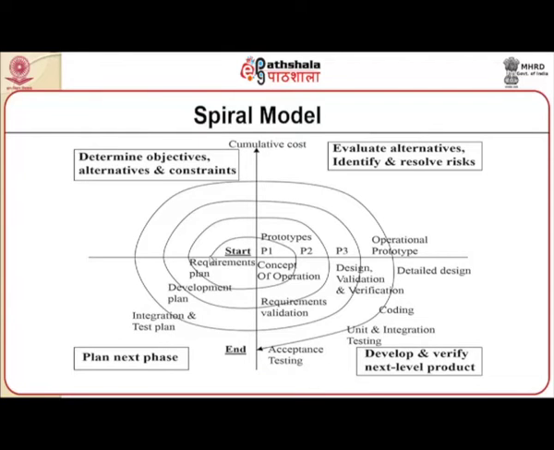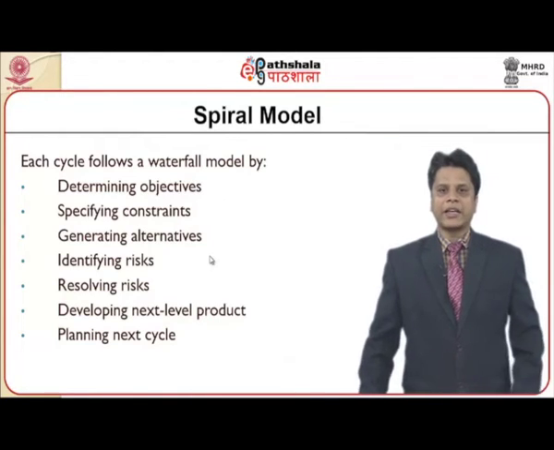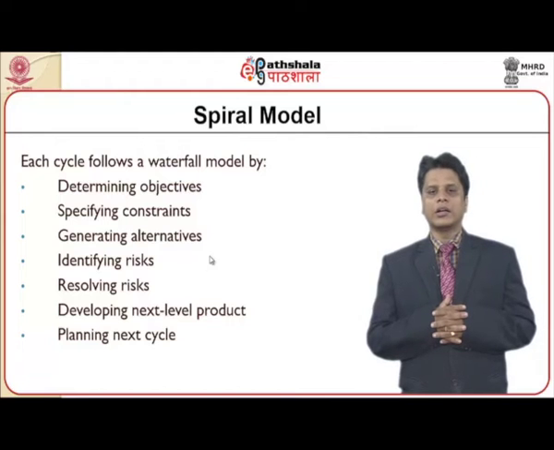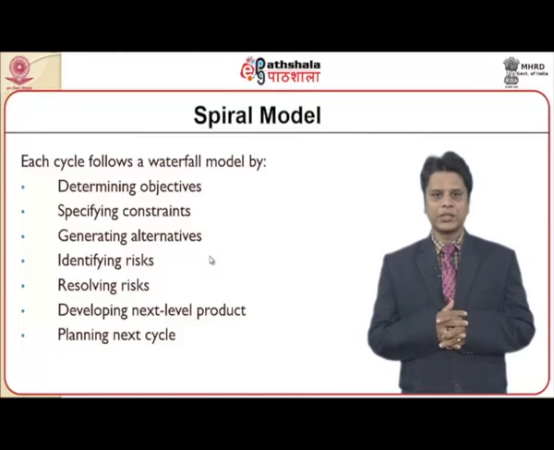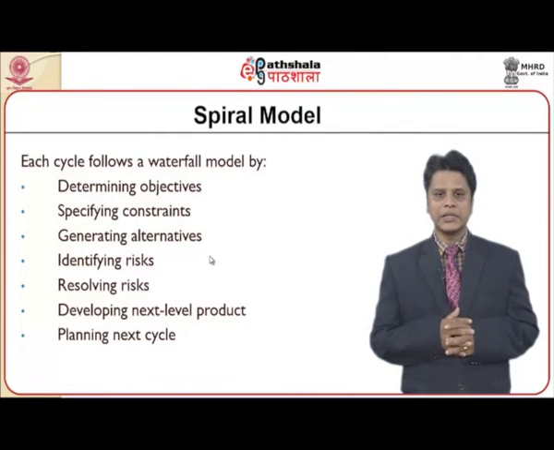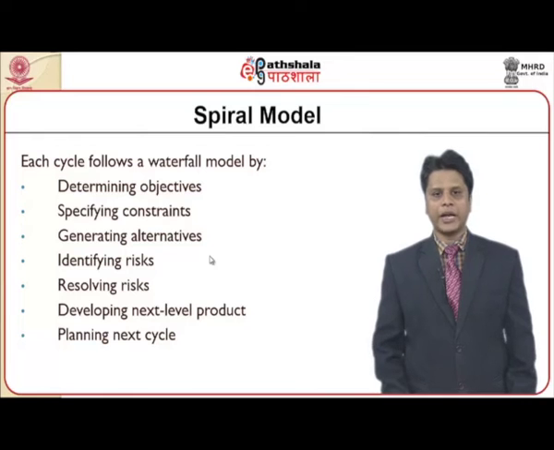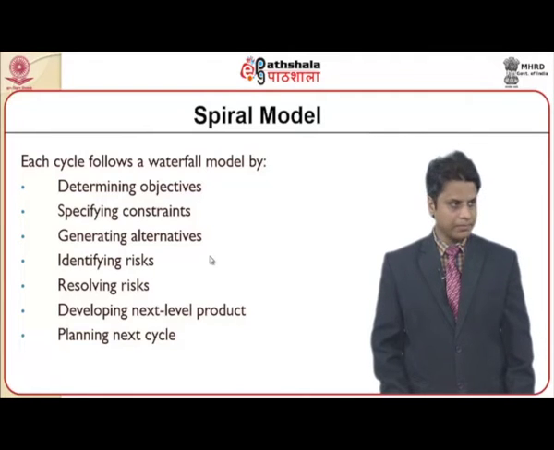So this particular picture is plotted towards different modes of operation or different sequences of this model, estimated with respect to the cost. Each cycle of this model is estimated by determining objectives, specifying constraints, generating alternatives, identifying risk, resolving the risk, developing the next level product and planning for the next cycle.